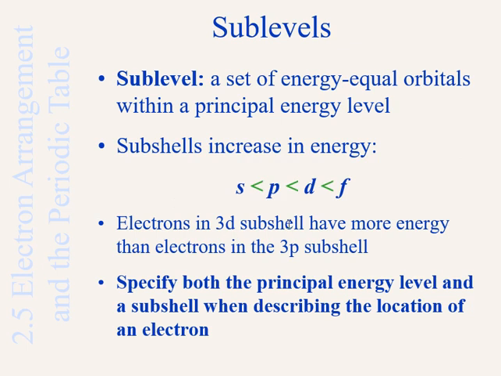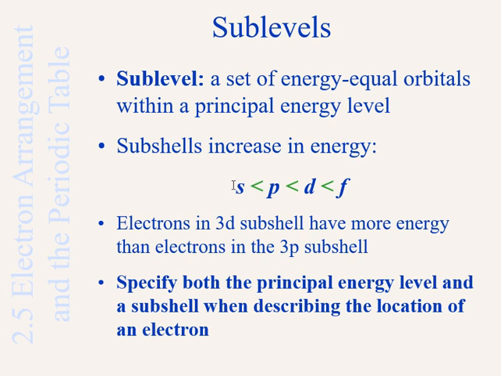Electrons in the 3d subshell, for example: if you have electrons in the principal energy level 3, how many sublevels can there be in principal energy level 3? N equals 3? 3 sublevels, right? And if there are 3 sublevels, they are going to start from the lowest one.